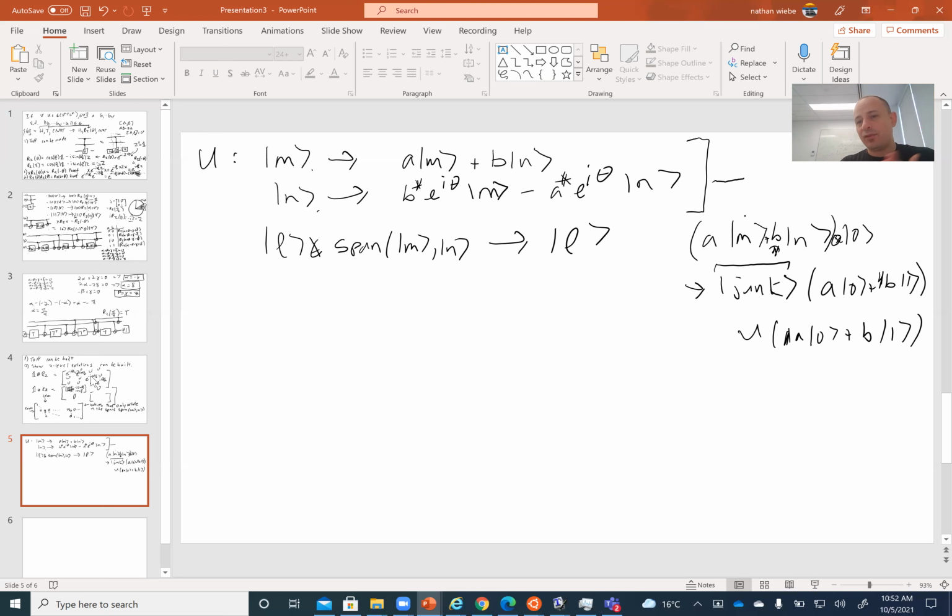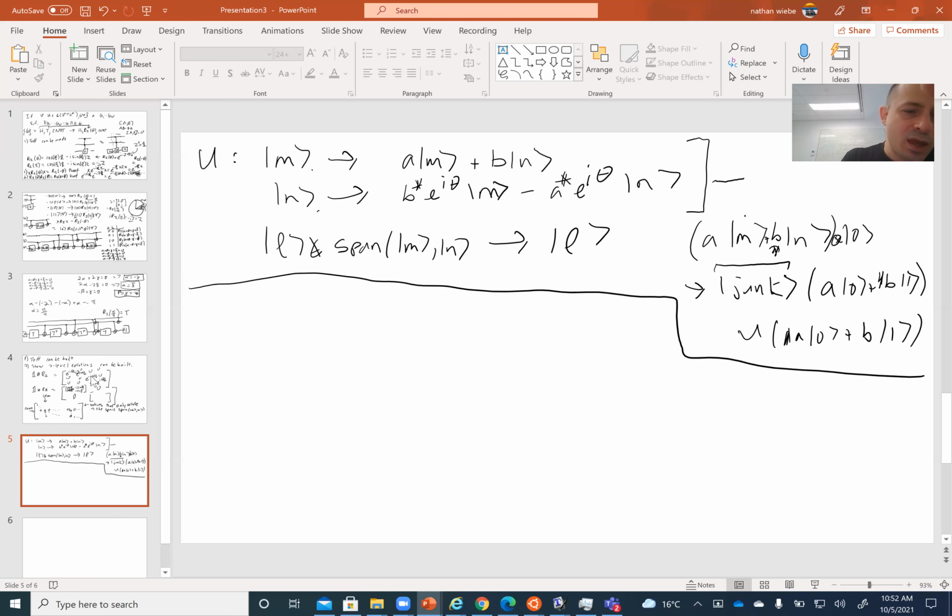And in order to do this, we're going to need a number of different operations. The very first operation that we're going to define in order to achieve this goal is an operation called add n.